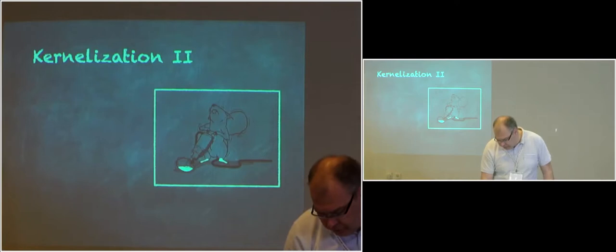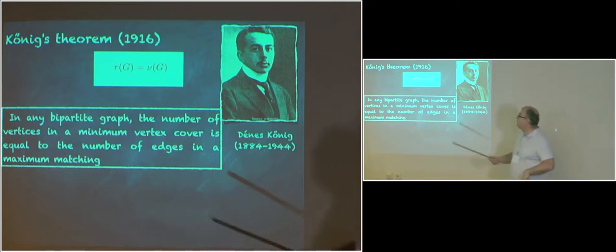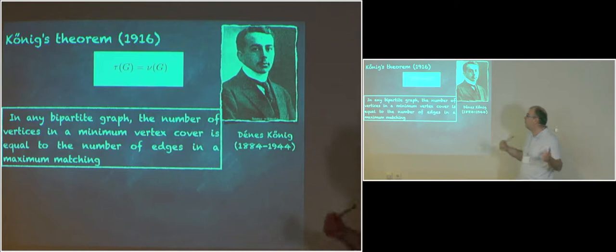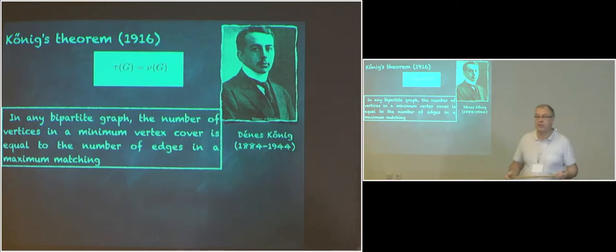Okay, so kernelization part 2. All this talk will be around two basic theorems in graph theory, and perhaps the oldest theorems in graph theory. The first theorem is Koenig's theorem from 1916, and basically it says that tau is equal to nu of graph G, or in other words, if I take a bipartite graph, the number of vertices in the minimum vertex cover is always equal to the number of edges in the maximum matching.